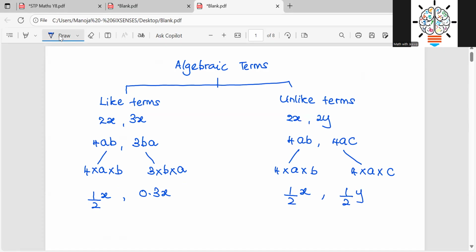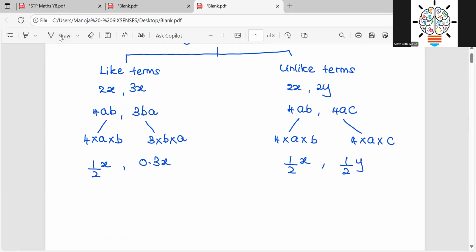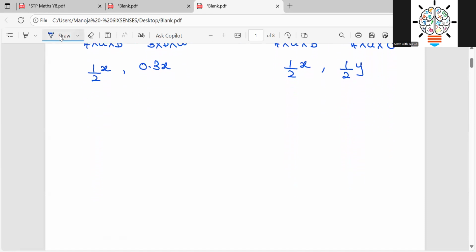So if you have like terms, for example 3x and 2x, what is the answer? It is 5x. If you have 3y and 5y, the answer is 8y. Let's say you have something like this, 2x plus 5y plus 3x.